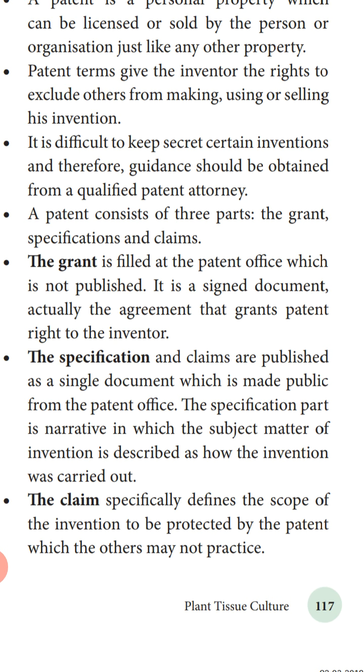Specification and claim is a signed documentation, and this document is published. In specification, the explanation is given of what the research is done for, how the research was done, and how it is useful. Claim means the researcher only has the right over his or her invention, and nobody can misuse it. So these are the three parts of the patent.